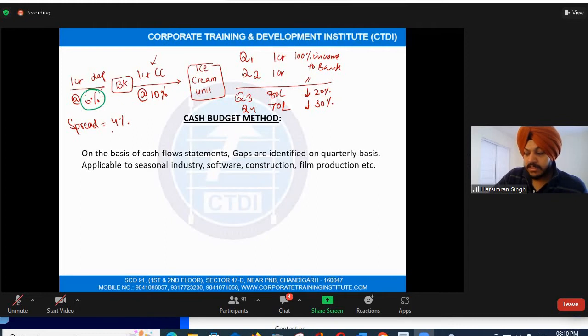So bank was thinking that it will earn 4%, but actually due to this, on an average 20% fall for 2 quarters, the income of the bank will be less and this spread will actually be less.